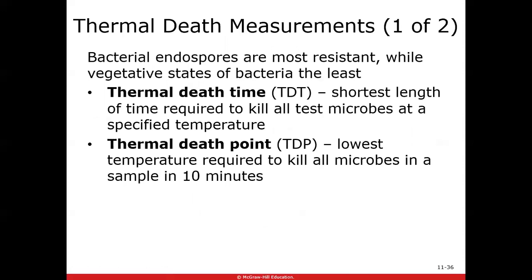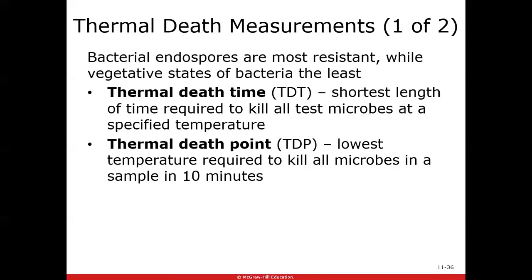Okay, thermal death measurements. I need you to know what thermal death time is and thermal death point. Bacterial endospores are the most resistant, while vegetative states of bacteria are the least. Thermal death time usually refers to how long it takes for bacterial endospores to die. It is the shortest length of time required to kill all the test microbes at a specified temperature.